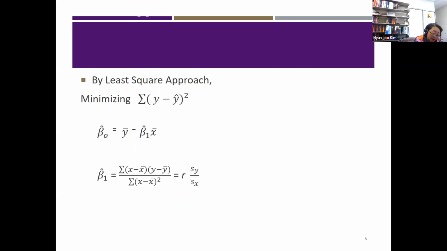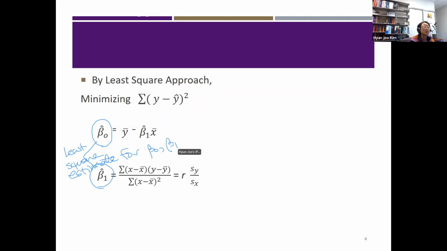The least square estimate for beta naught and beta 1, which we're going to call beta naught hat and beta 1 hat, are the least square estimates for beta naught and beta 1. If you do that, the formula for beta naught hat is this guy, and the beta 1 hat is this guy.